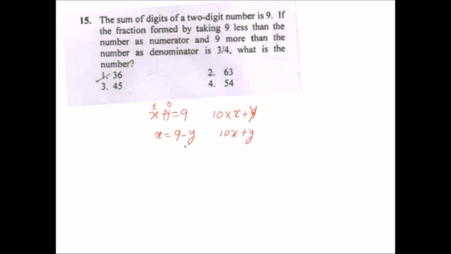Now we are making a fraction: in the numerator we subtract 9 from this number, and in the denominator we add 9 to the number, 10x plus y. After this variation, we get the result as 3 by 4.